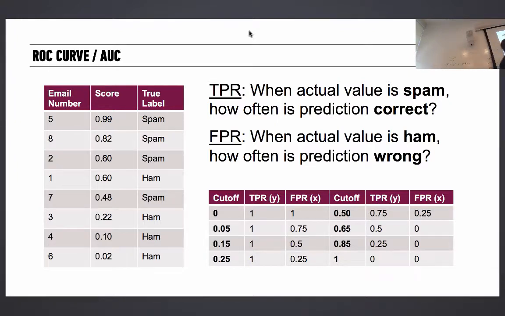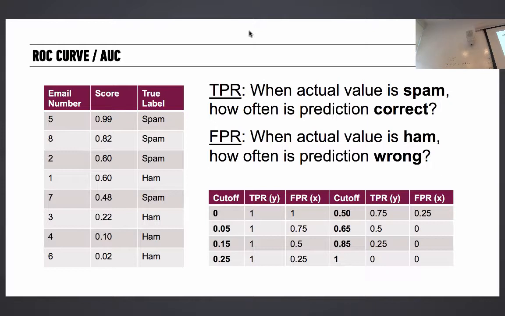Now, put it this way. If your cutoff were 0, what does that mean? Everything is spam. If your cutoff is 0, you're literally saying everything is spam. Your true positive rate, when the actual value was spam, how often were you correct? Always, because you're always saying spam.